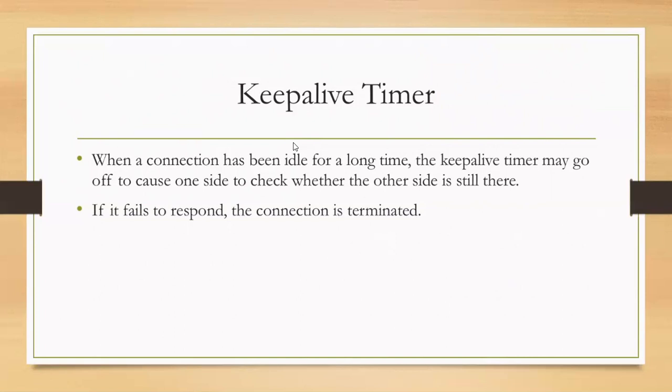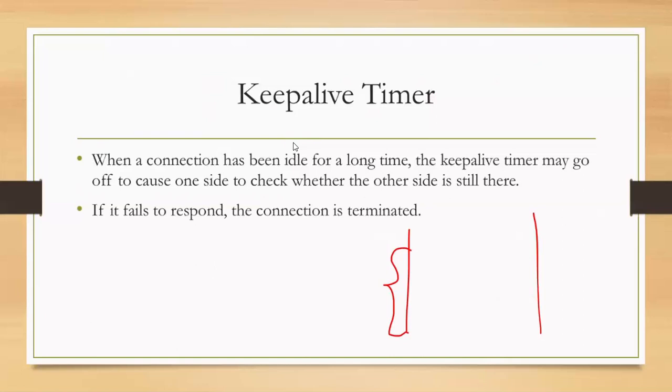So when you have a connection between the sender and the receiver, and for some amount of time there has been no activity, no data is sent and no data is received, in that case, if this timer goes off, either party can check whether the other party is alive or not.